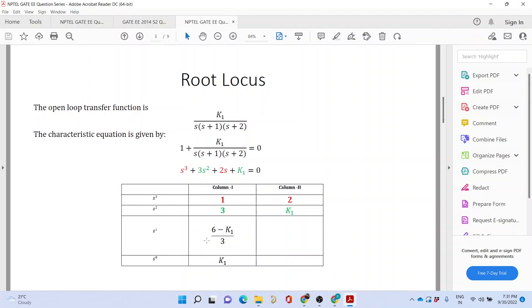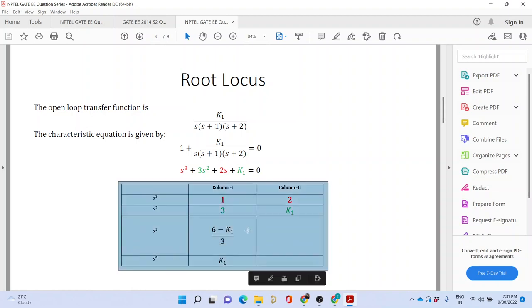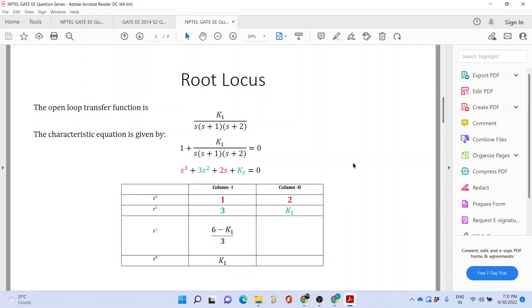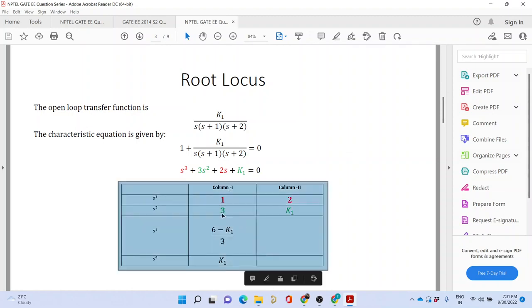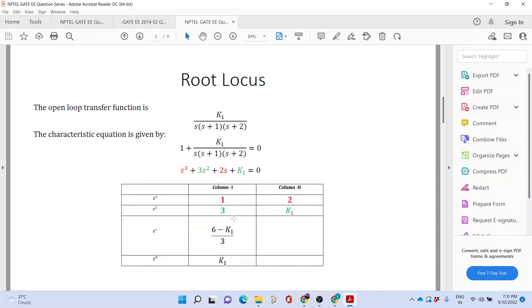After constructing the Routh array, we see this element, (6 minus k1) divided by 3. If this element goes to 0, that means there have to be two poles on the imaginary axis, and the location of the poles is given by the auxiliary equation, which is written as 3s squared plus k1. If you solve the auxiliary equation, it gives you the exact location of the poles on the j omega axis.